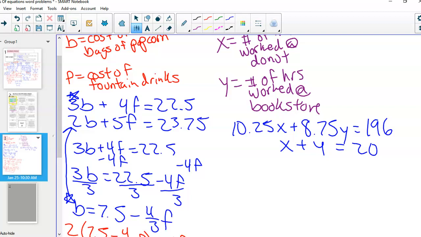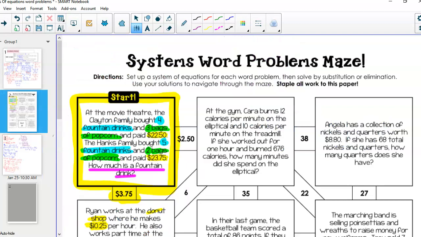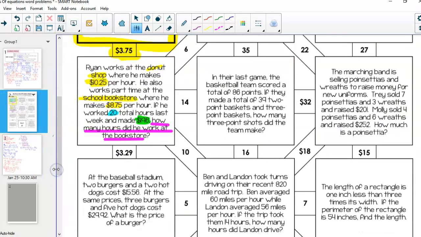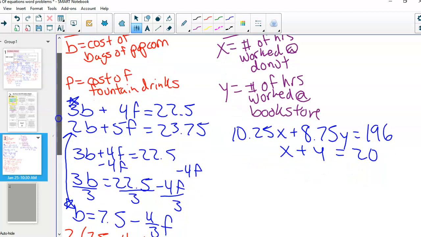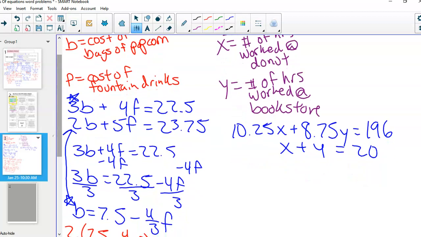It's asking for the number of hours he worked in the bookstore, so it would be beneficial to solve for the number of hours he worked at the donut shop. That way when we go to solve it, it kind of works itself out. So let's solve for X in this case. Because these are both isolated, I'm going to use this one.